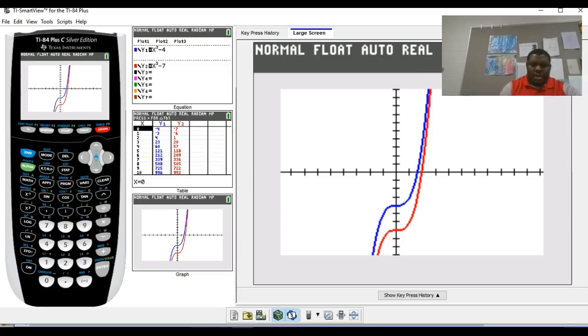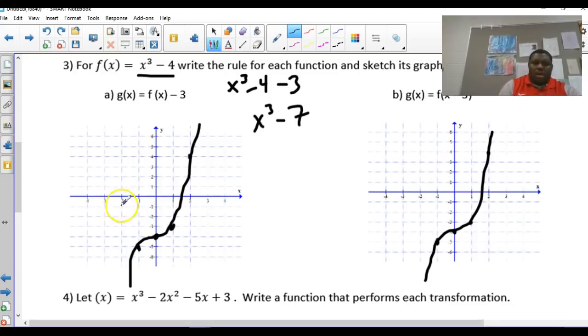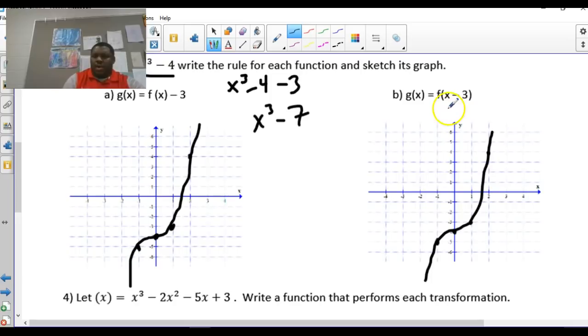All right. So now over here for this next one, get myself out of the way. Right here we have the function, but we're going to subtract 3. So if we take that function and we subtract 3, that's x minus 3. That's going to be our new function, okay?